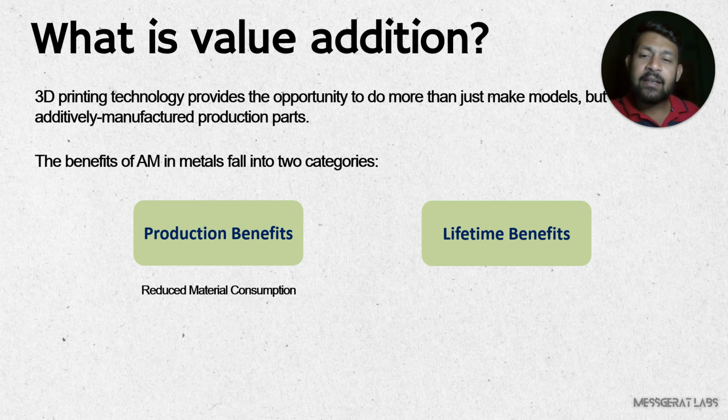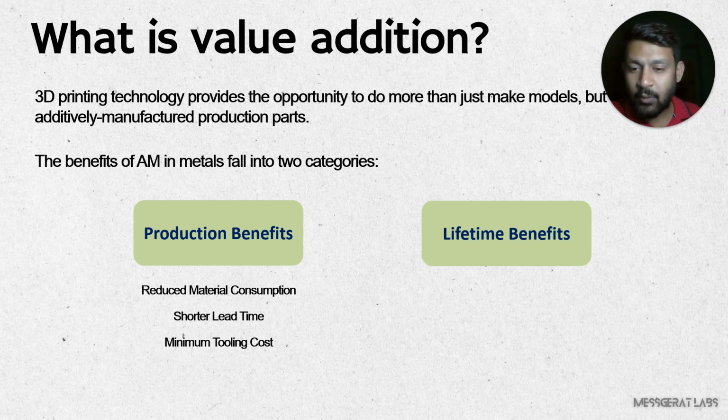Now, under production benefits, the various benefits are definitely reduced material consumption, shorter lead time. You can make components in a much quicker or much less time as compared to conventional manufacturing techniques because there is no tooling required. And since there is no tooling required, there is no cost associated with tooling.